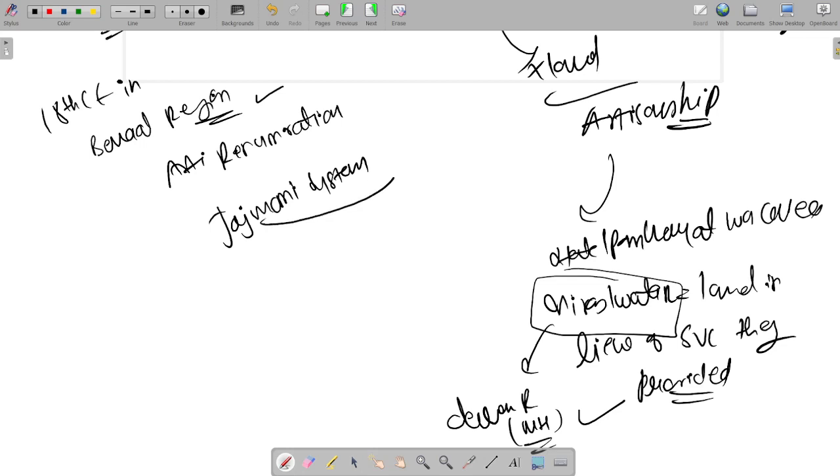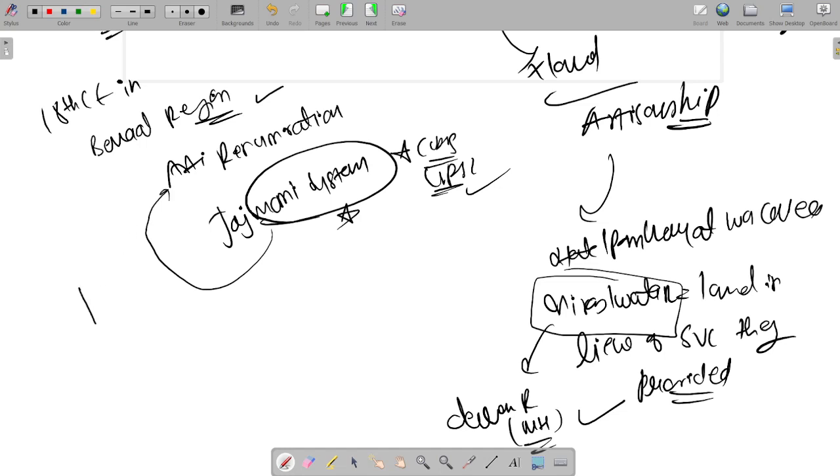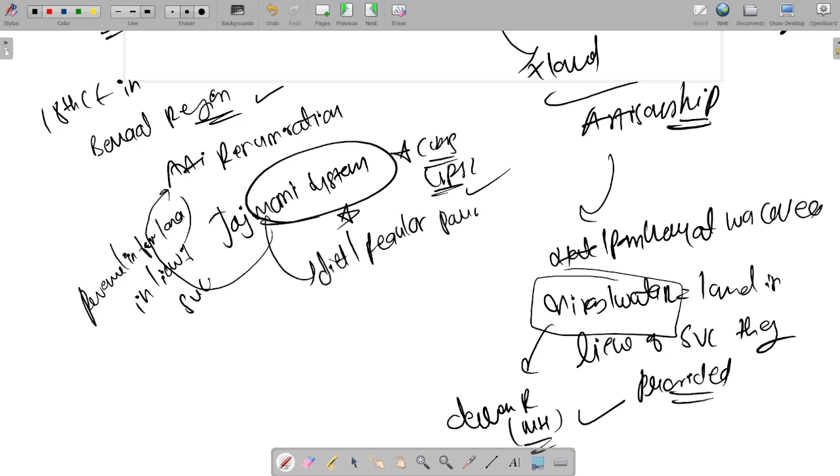Guys, this term has been asked in CDS, conducted by UPSC, so the term is important. Jajmani system is revenue in form of land in lieu of services they provided, or also the diet money or regular payments, etc.